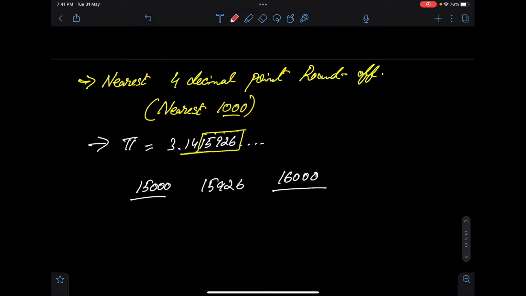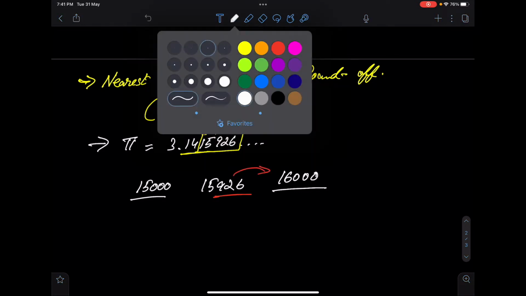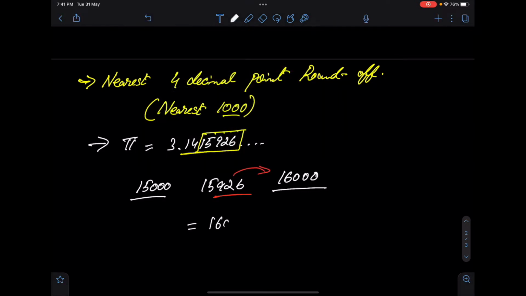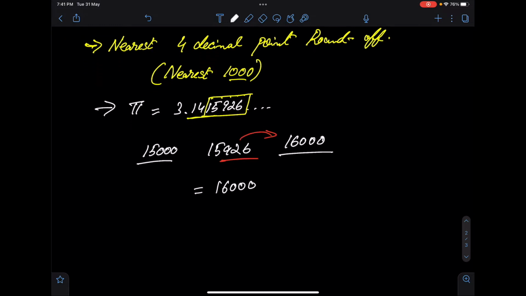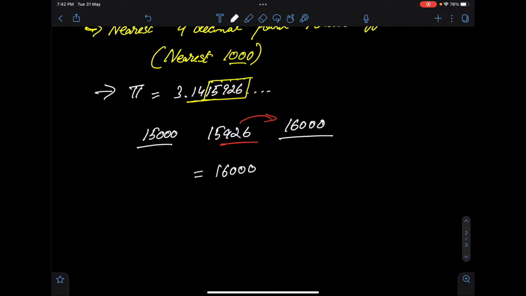It's 926, so it will be sealed up to 16000. So in place of 15926 we write 16000. So the new decimal after rounding off we get as 1416000. We can simply omit the zeros, so it will become 3.1416.